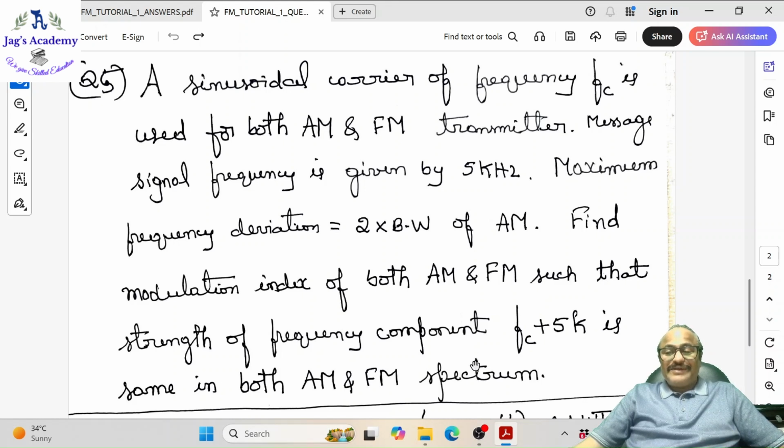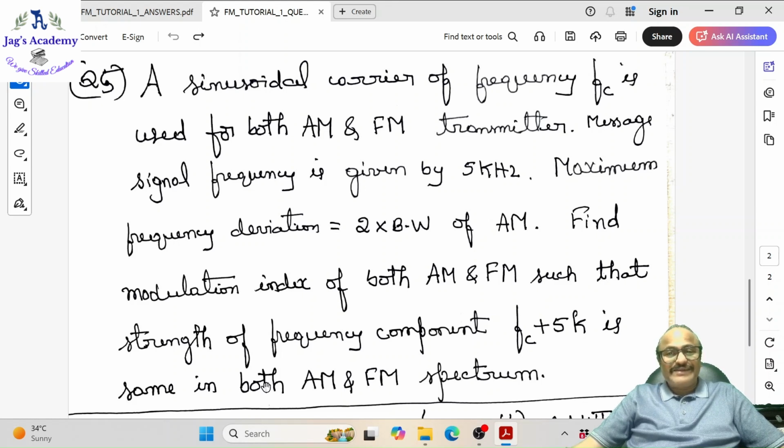Find the modulation index of both AM and FM such that the strength of the frequency component Fc plus Fm in the spectrum, where Fm is 5 kHz, is the same in both AM and FM.